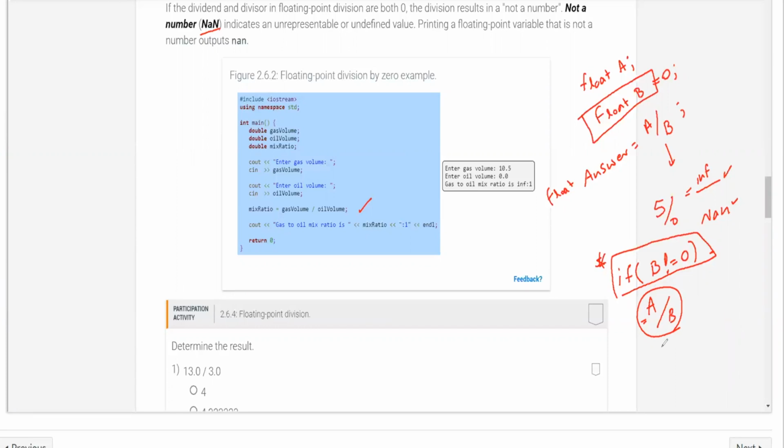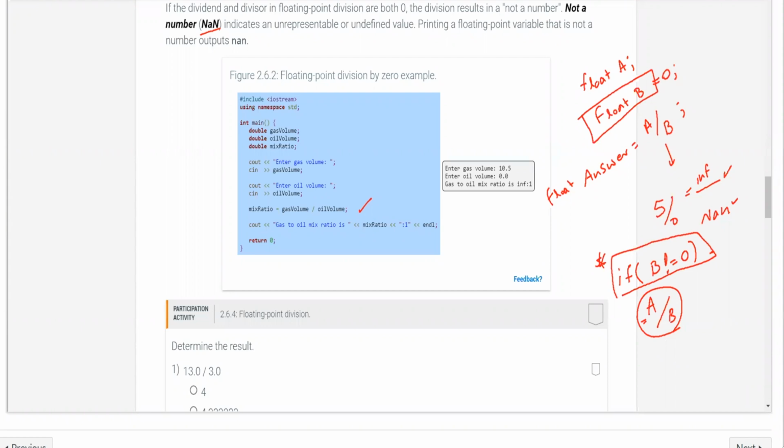So it is good practice to be aware of these things. If a number is divided by another number and that number is 0, your answer is wrong. So you have to check those facts.